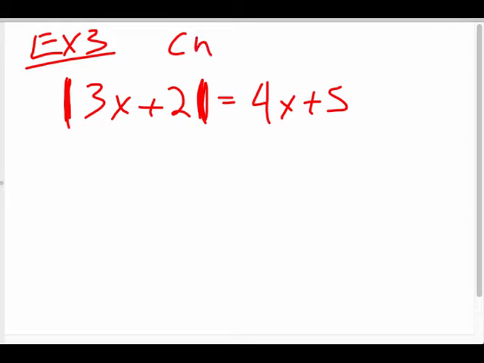And they say check for extraneous solutions. Now, extraneous is a fancy word that just means that these are extra solutions that won't mathematically work.